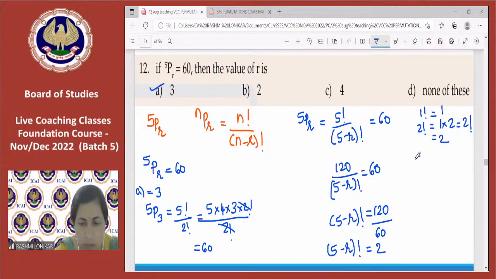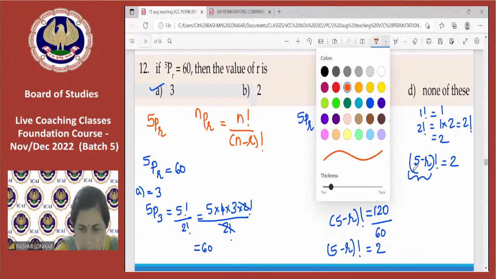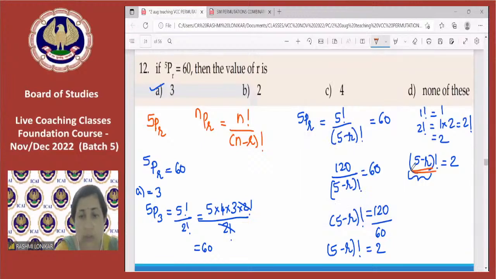Okay. So I know 5 minus r factorial is equal to 2. That means this number in the bracket is equal to 2. So this means 5 minus r is equal to 2.